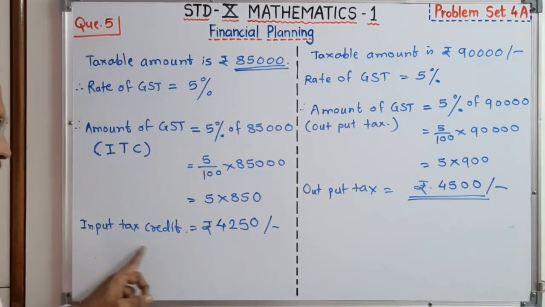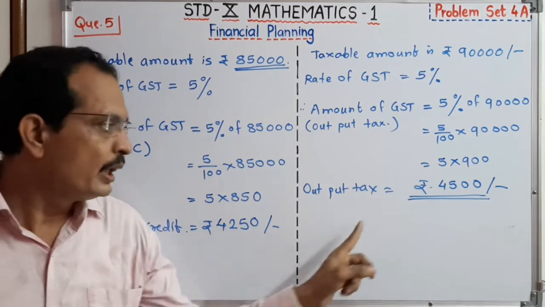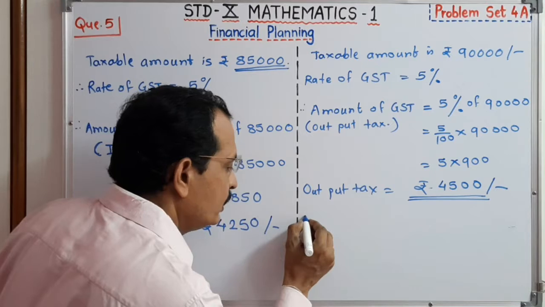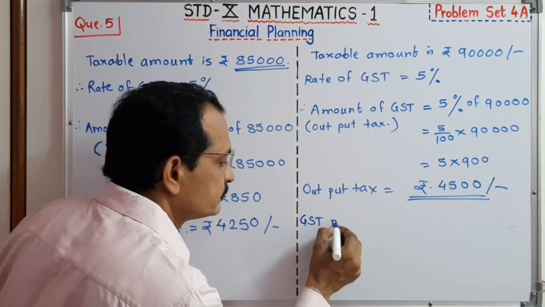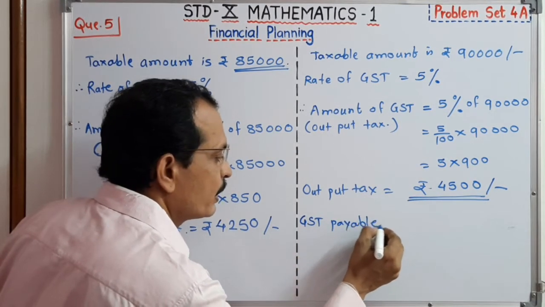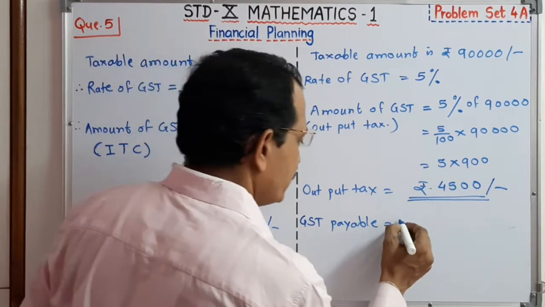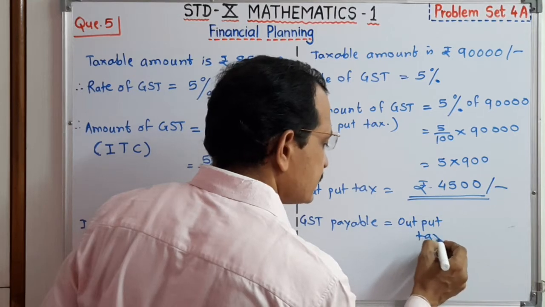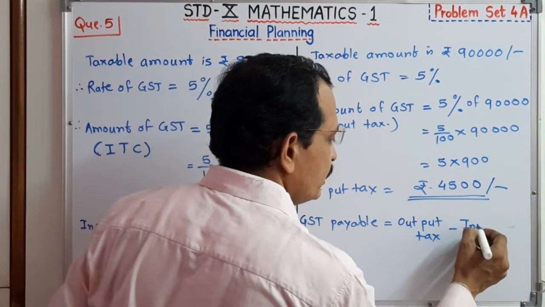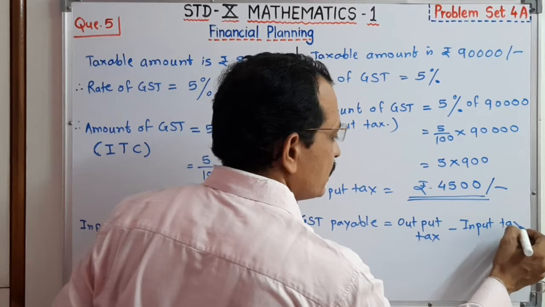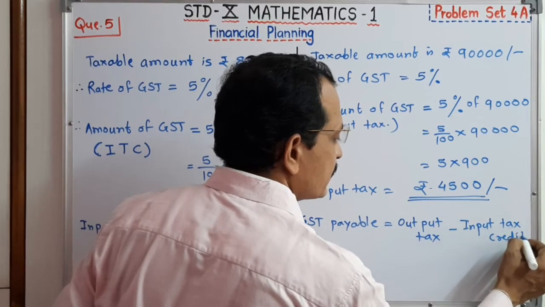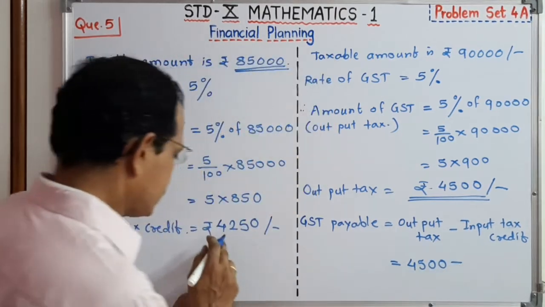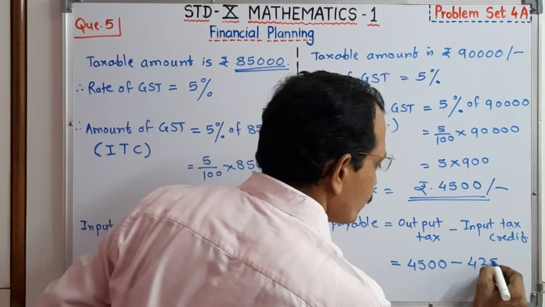See here, input tax credit is 4,250 and output tax is 4,500. Now we have to find out the GST payable, it is output tax minus input tax credit. Output 4500 minus 4250.